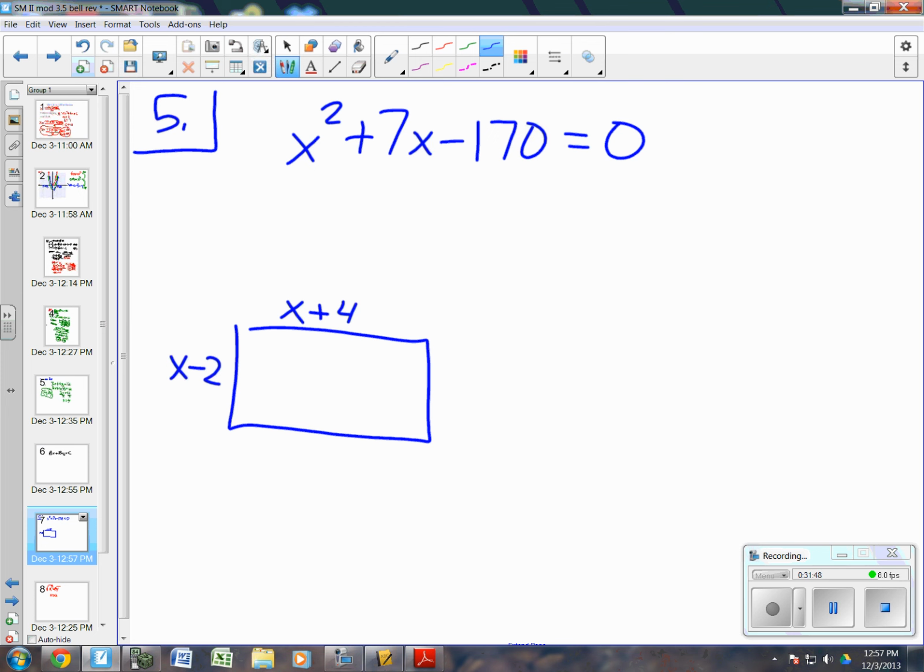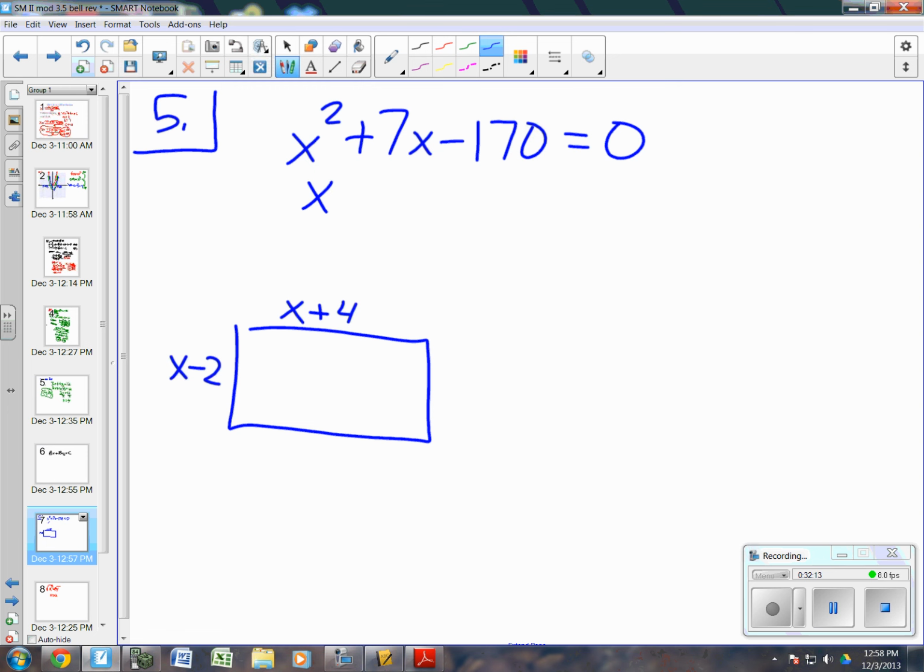Okay? Now, right off the bat, I can see 2 numbers that you can times together and get 170, right? Well, I know that 10 times something is going to be 170 because it ends in 0. 10 times 17, as Alex is saying, right? Now, since this is a negative, one's going to be positive, one's going to be negative. When I add them together, I can get a positive 7 doing that, right?